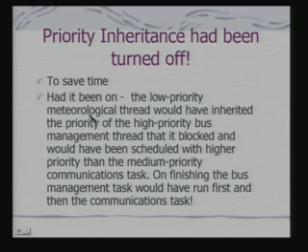Had it been on, the low priority meteorological thread would have inherited the priority of the high priority bus management thread that is blocked, and would have been scheduled with higher priority than the medium priority communications task. On finishing, the bus management task would have run first and then the communication task. So, the priority inversion period would not have been elongated. Because it was elongated, the watchdog timer was finishing its count, and that is how the system was getting reset.